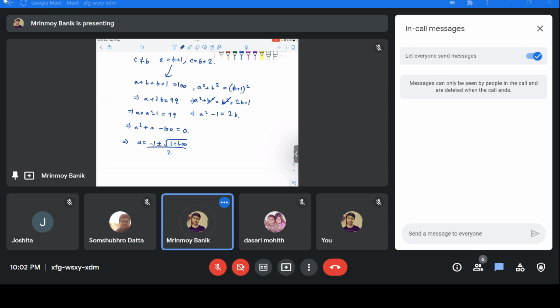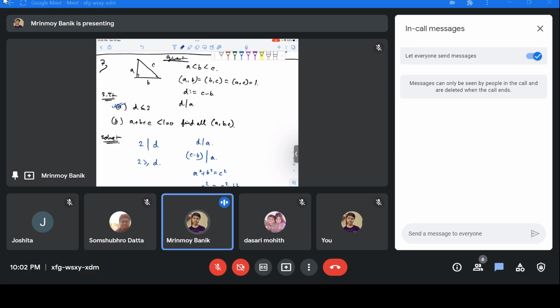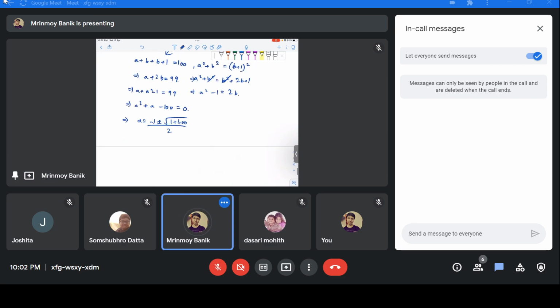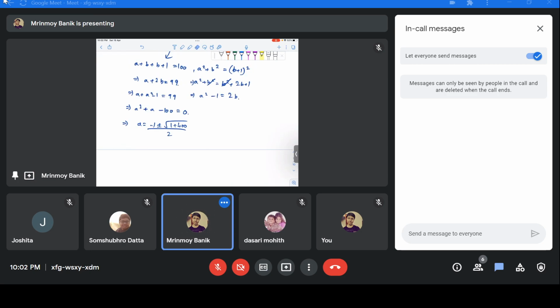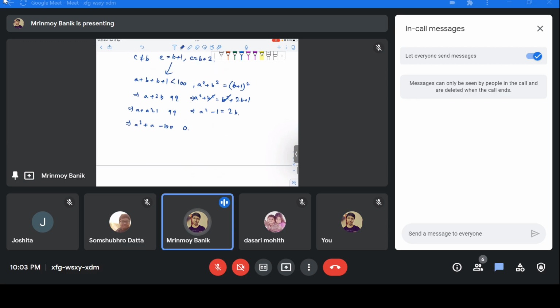Oh, just a minute. There was an inequality. That was less than 100. This is less than or equal to 100.